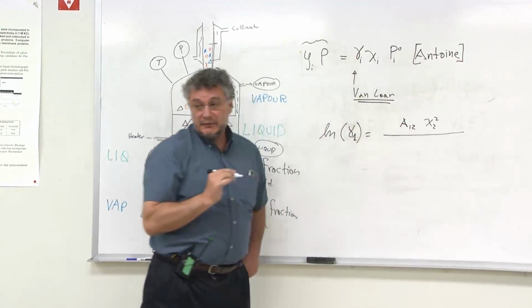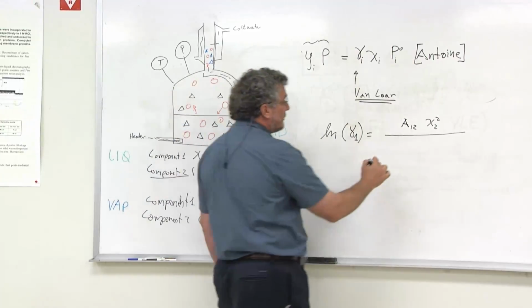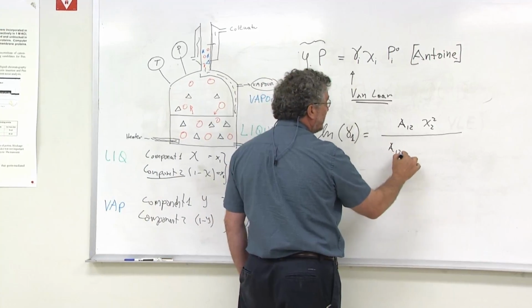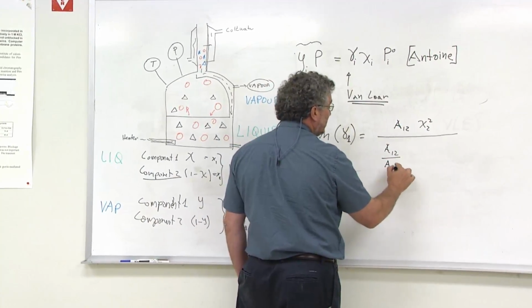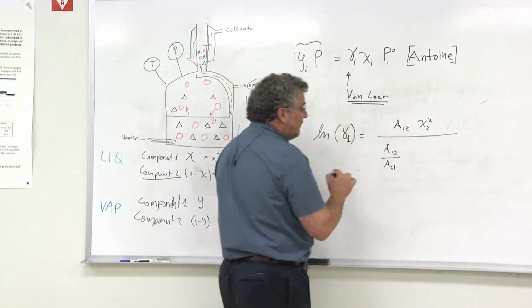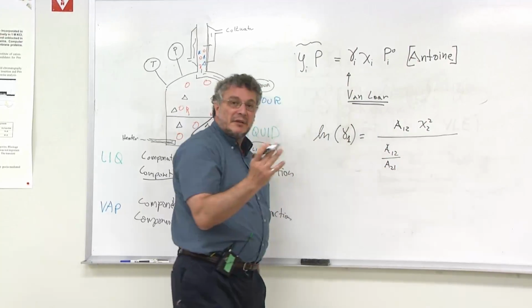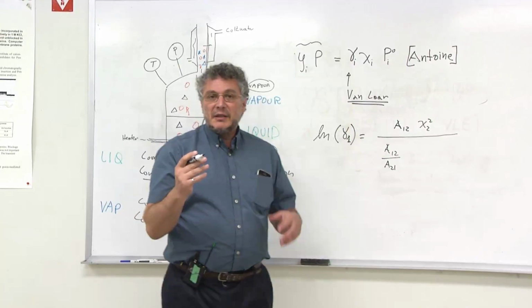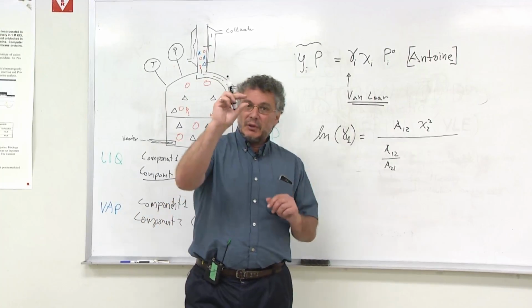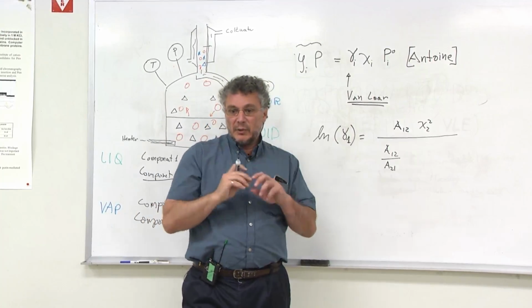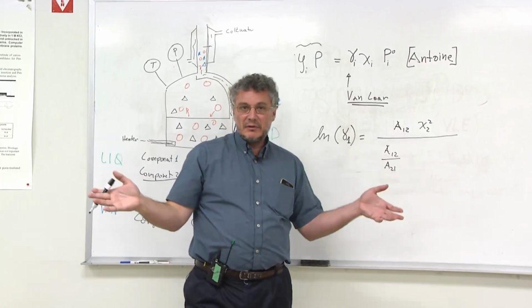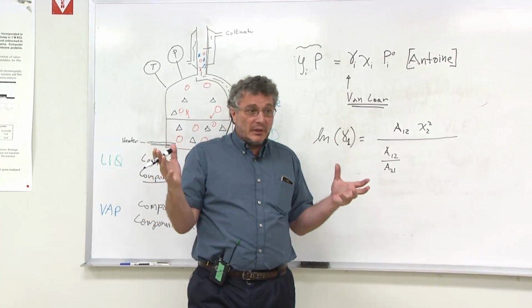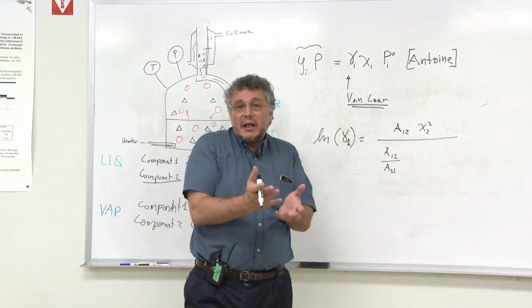And this is divided by the ratio of these interaction coefficients. It might be a bit strange to ask why there are two interaction coefficients. If you imagine that you take a molecule of component 1 and throw it in a sea of molecules of component 2, the interactions of that molecule are going to be of a certain kind.